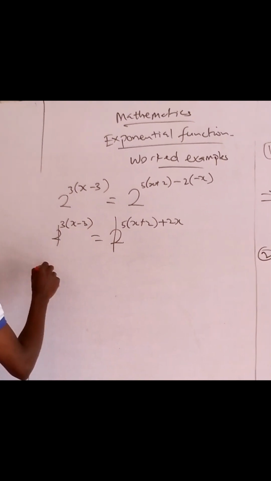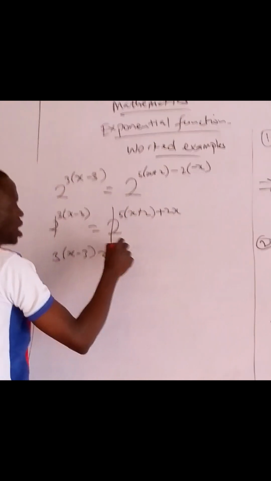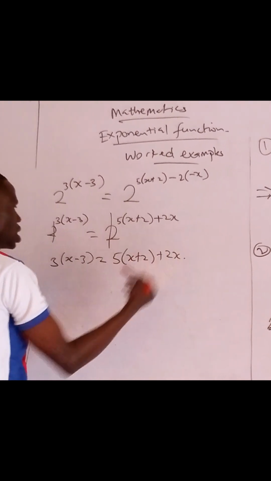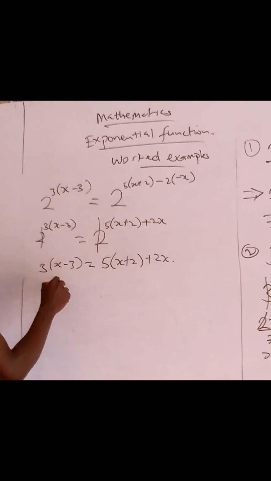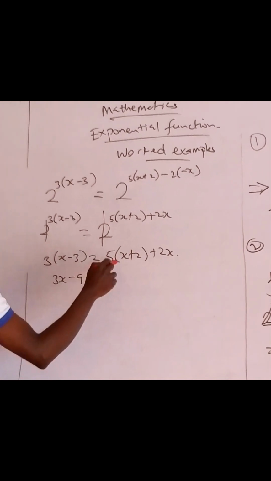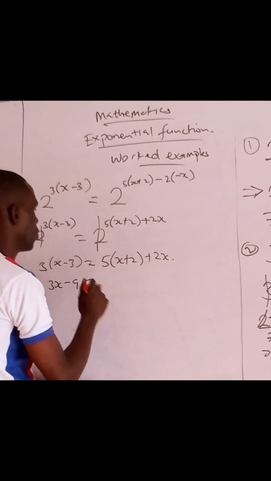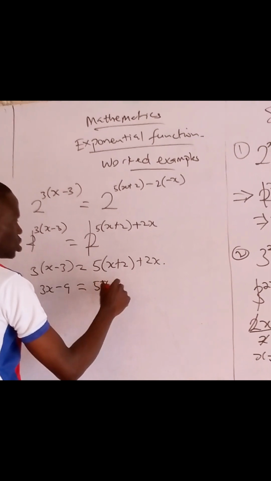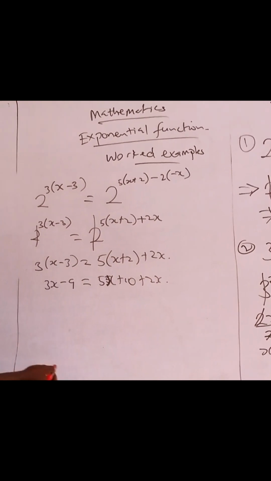Then you now have 3 into x minus 3 equal to 5 into x plus 2 plus 2x. Let's expand the bracket. You have 3x minus 9 equal to 5x plus 10 plus 2x.